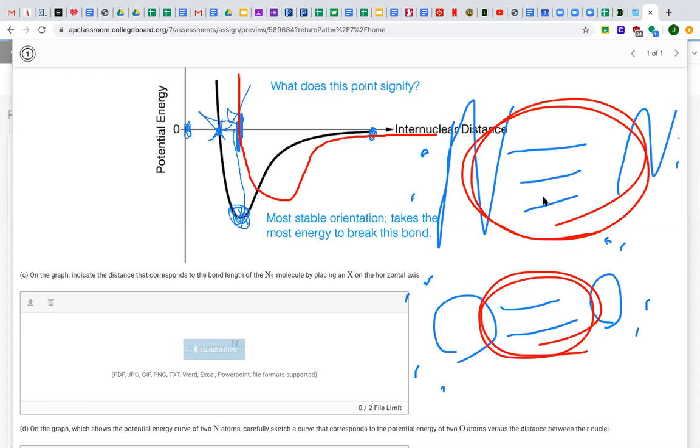I'm trying to think about what it might mean. So you're pulling them apart, and at some point you get to zero, right? But then you're going lower and lower than zero. So potential energy just keeps getting lower. So it gets negative.